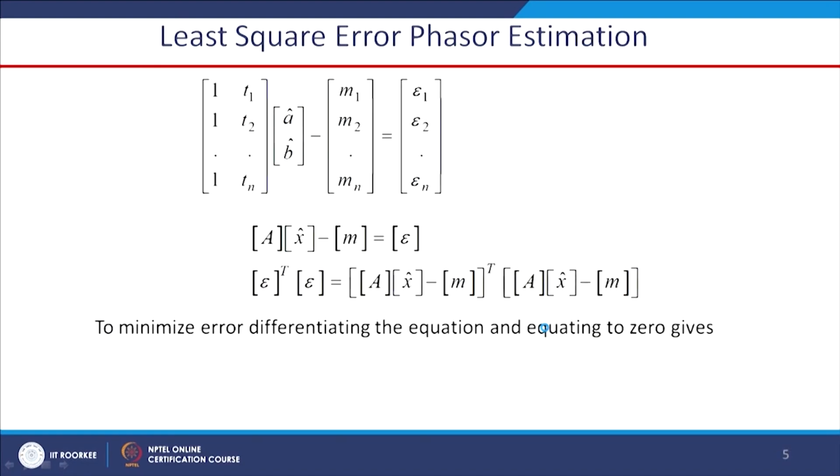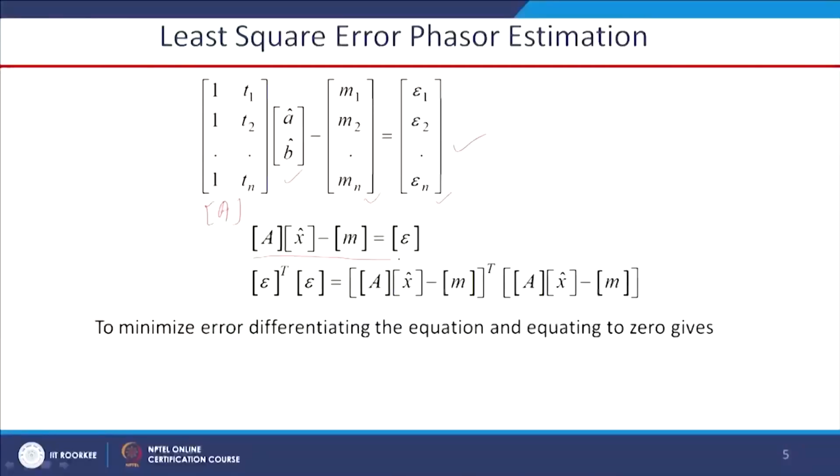This is how all the previous n equations look. This first matrix we call the A matrix. This is our unknown variable matrix, A cap and B cap, this matrix is our measured signal matrix M1, M2 up to Mn, and the last one is our error matrix E1, E2, or sometimes we call it epsilon 1, epsilon 2 up to epsilon n.